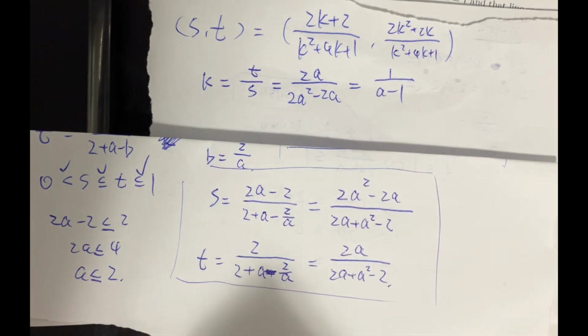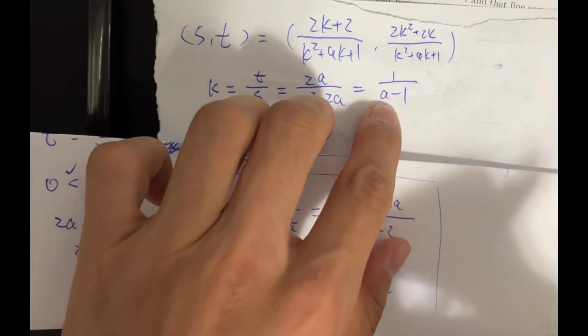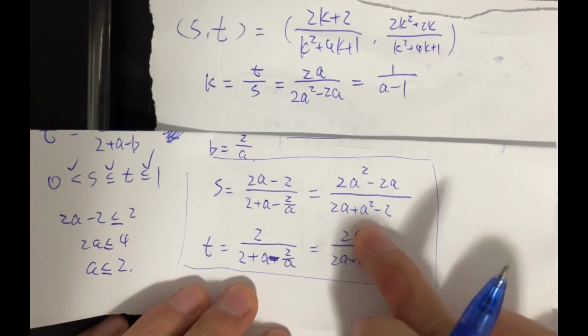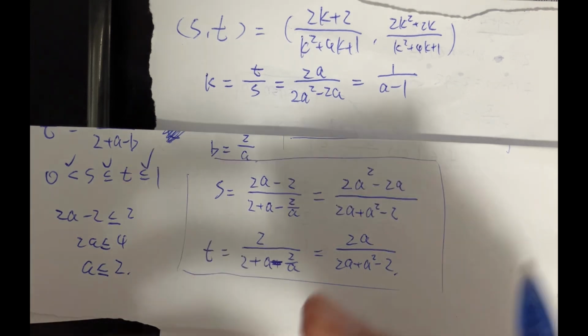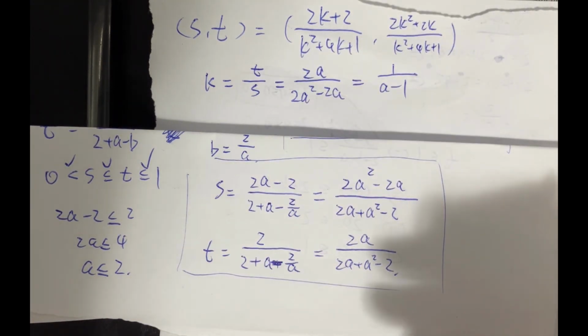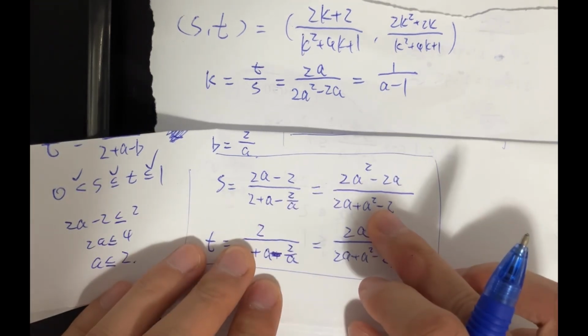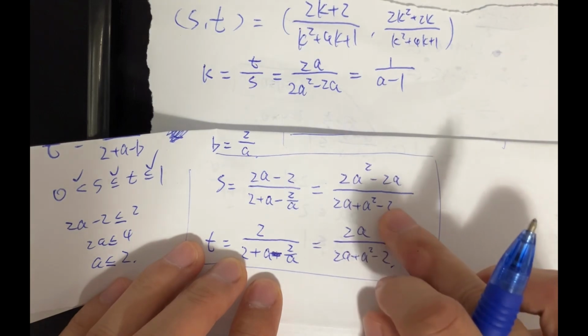What if I substitute the k in the official solution with this fraction, and see if we can derive my S and my T? If that is the case, basically me and the official solution are doing the same thing. I think just the S will be enough. Let's just plug this in and see if we can get S, all right?